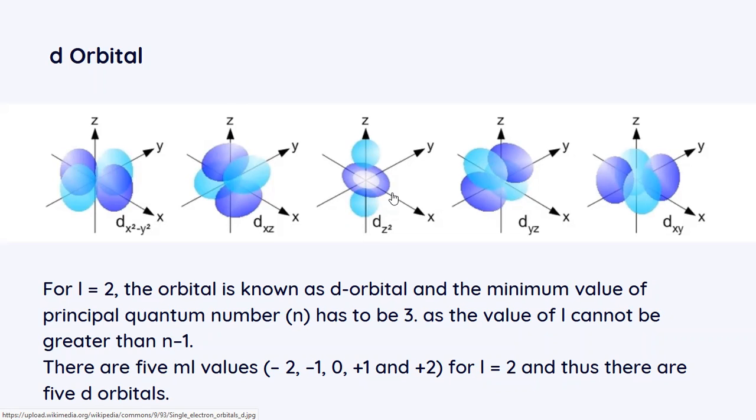But they all have equal energy. All the d orbitals will have equal energy, and as you have an increase in the principal quantum number, the size of the d orbital is also going to increase.